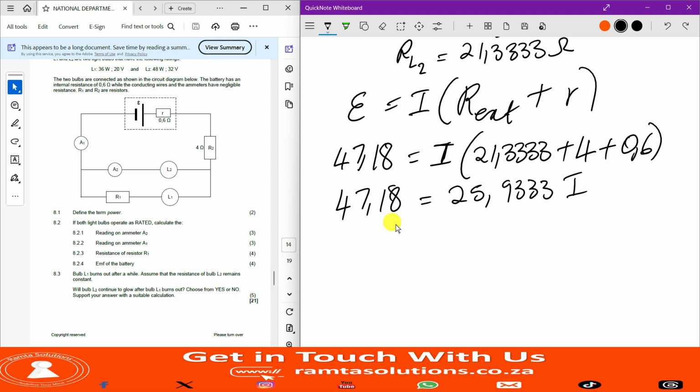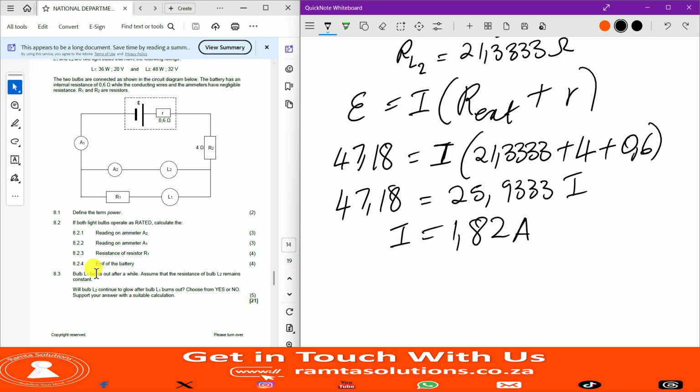Now this 47.18 divided by that answer. What is our current? The total current flowing now is 1.82 amperes.